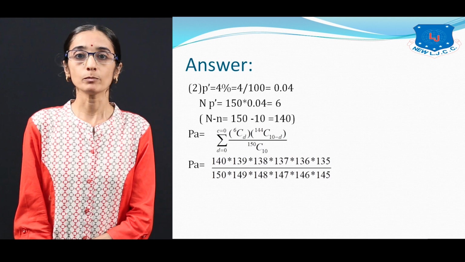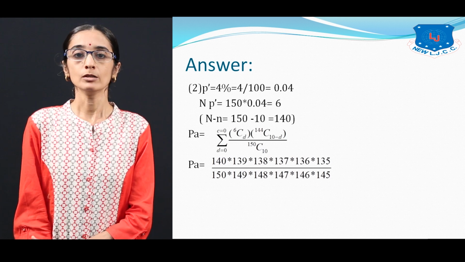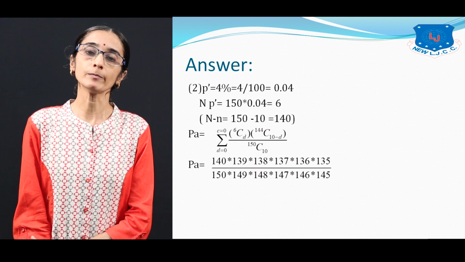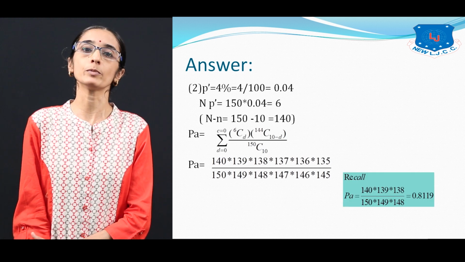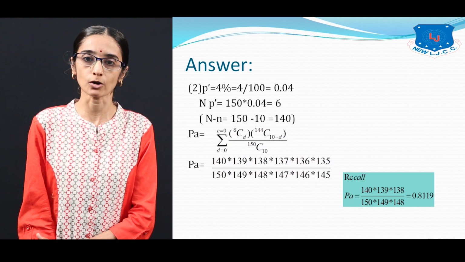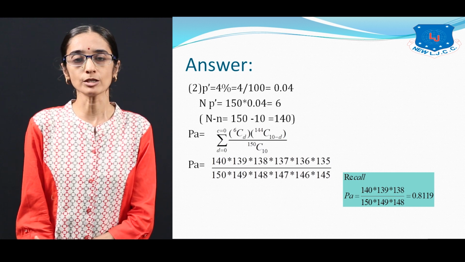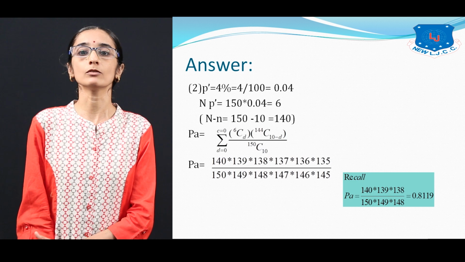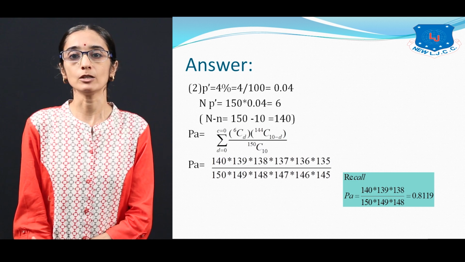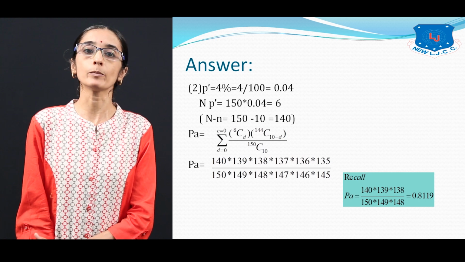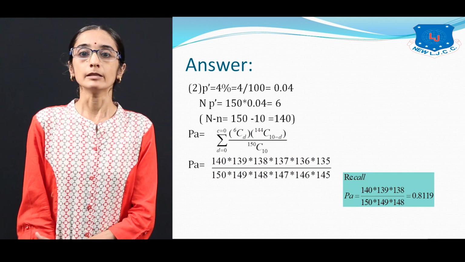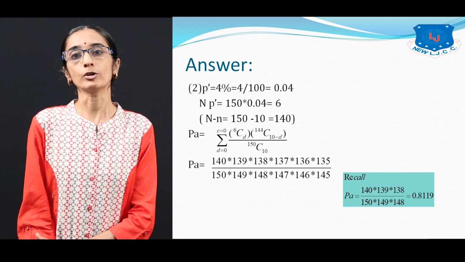Now this number will be a bigger, larger one. So can we reduce it further? Let's recall that earlier concept. The earlier result for P dash 0.02, with just 3 terms, had the final answer 0.8119. If we check the same result for P dash with 6 terms, then the earlier 3 terms we have already calculated.